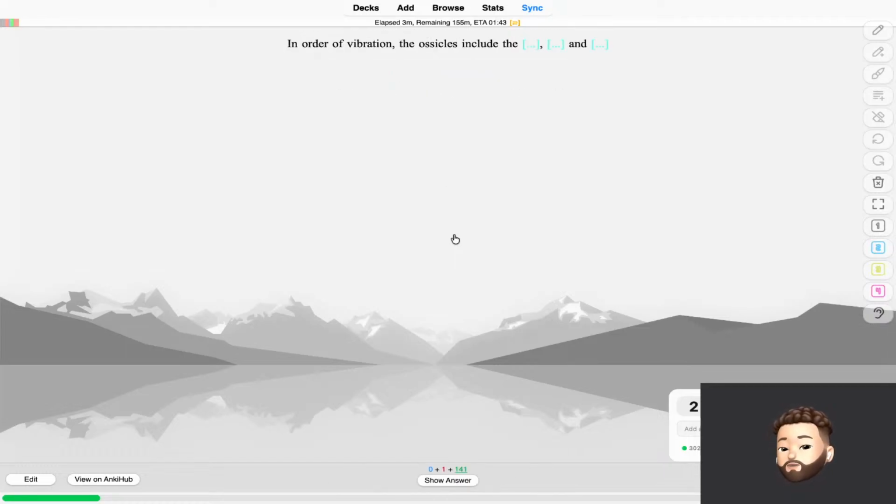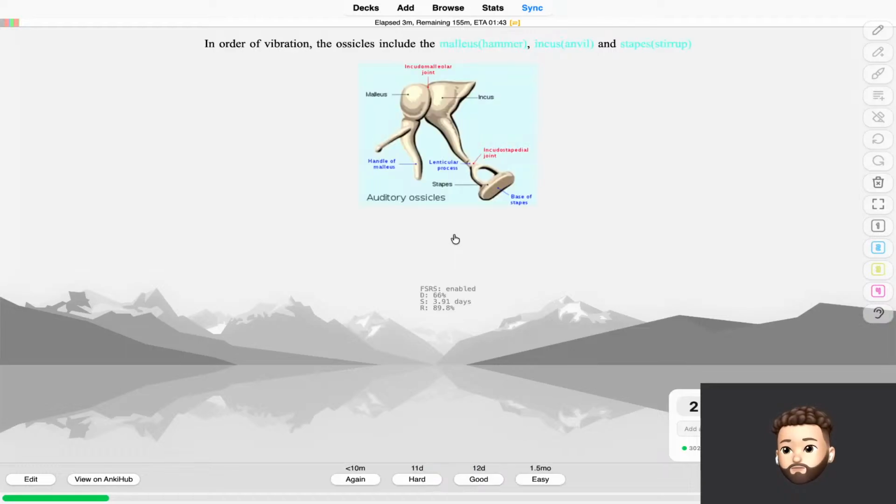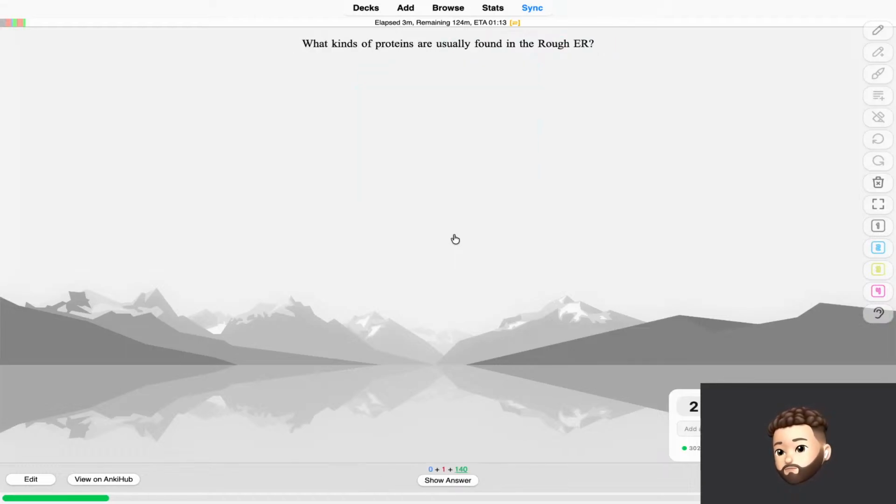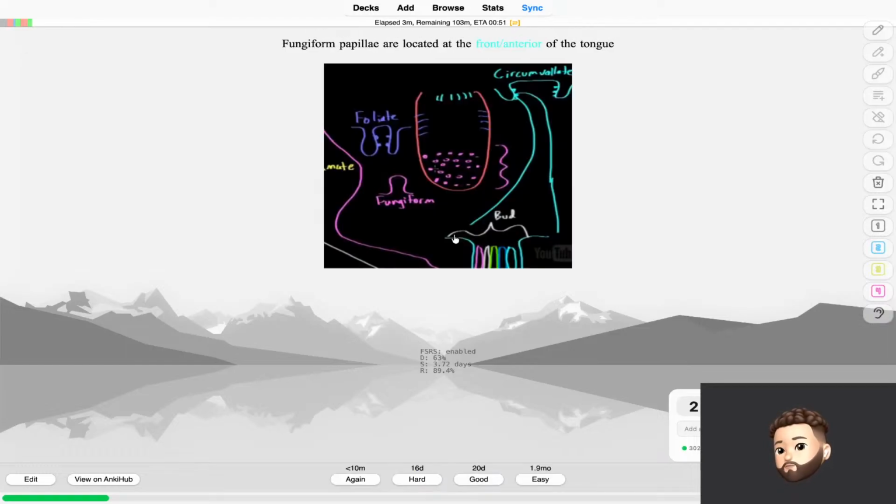In order of vibration, the ossicles include the malleus to the incus to the stapes. What kind of proteins? Proteins destined for secretion and integration into the membrane are located at the front.